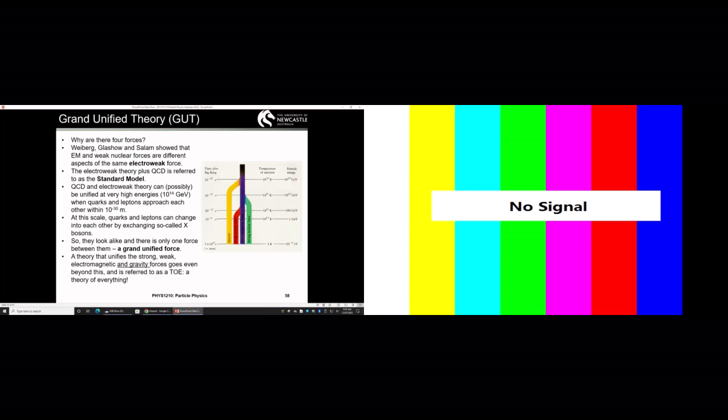So basically, when you can get quarks and leptons close enough to one another, then we're hoping, or the idea is, that somehow the strong force can also be incorporated. So far we think they're different. The electromagnetic force is mediated by photons. The strong force is mediated by gluons.